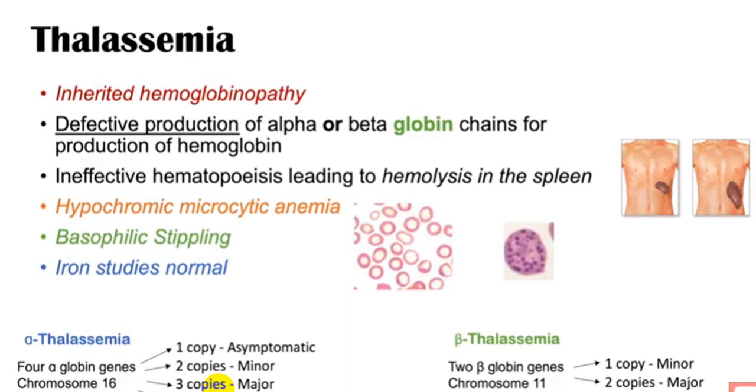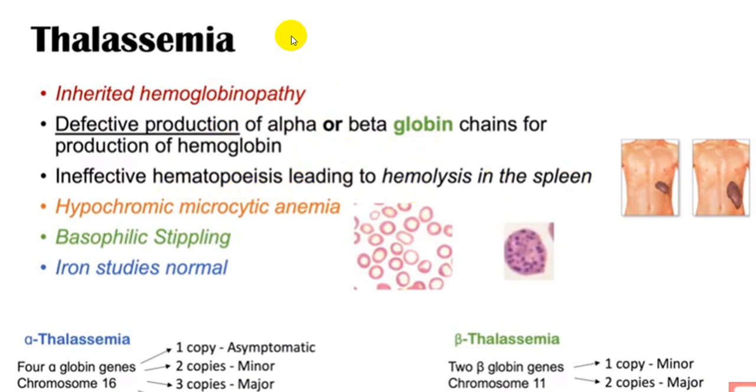You should not forget, if any person comes with a microcytic hypochromic anemia which is not responding to iron treatment and persistently has a low level, do keep in mind the other groups, that is thalassemia, anemia because of chronic disease, lead toxicity, etc. So thalassemia becomes the second group, and it is very easy: there is defective production because alpha and beta globin chain production is reduced, and there is an ineffective hematopoiesis leading to hemolysis, hence the spleen is enlarged.